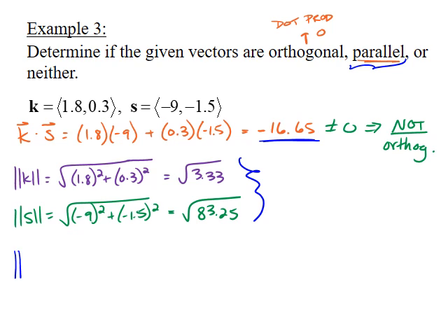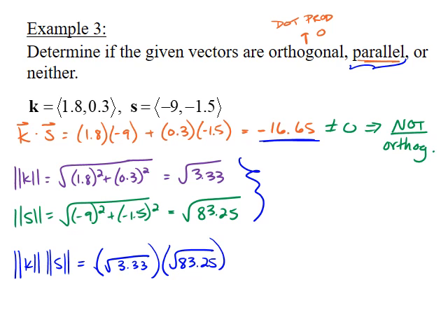So I'm going to take the magnitude of k and multiply it by the magnitude of s, which is the square root of 3.33 times the square root of 83.25. Plug this into my calculator and I get 16.65. Therefore, these two vectors are parallel.